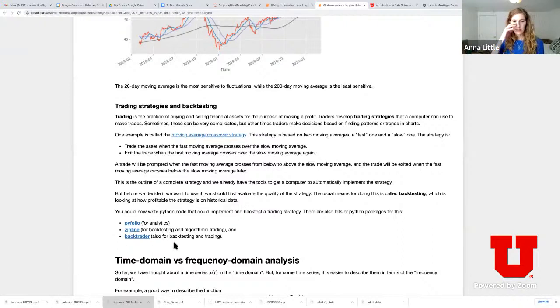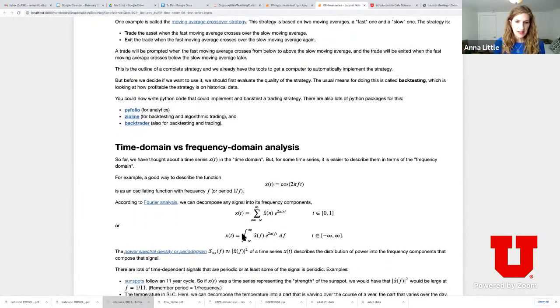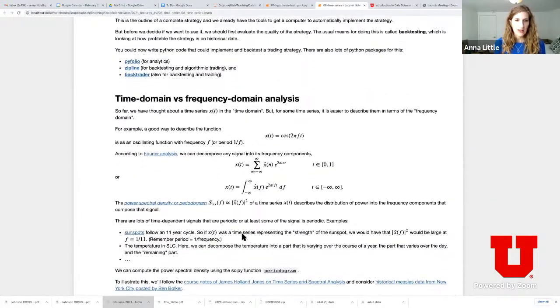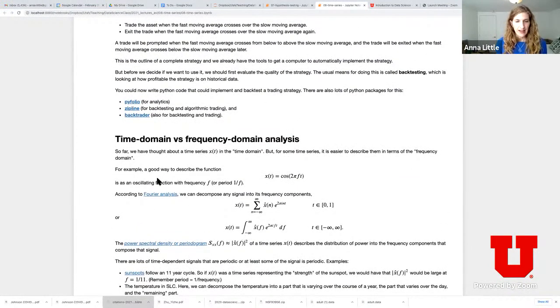So you can do this from scratch, or you can utilize some of the packages already out there. I think this is going a little faster than I thought, so that's good. I don't think we're going to run out of time today.